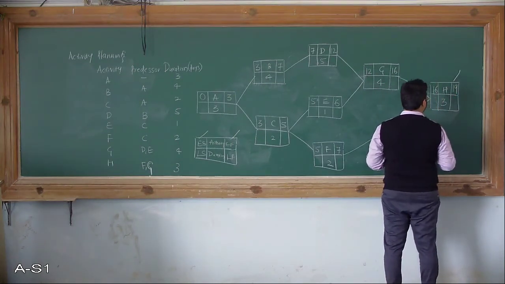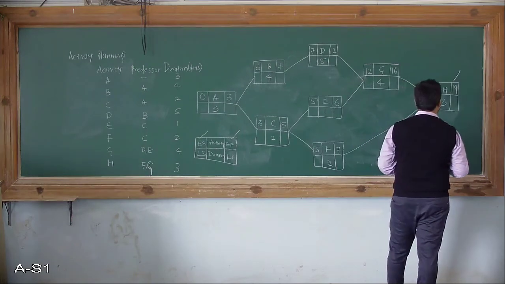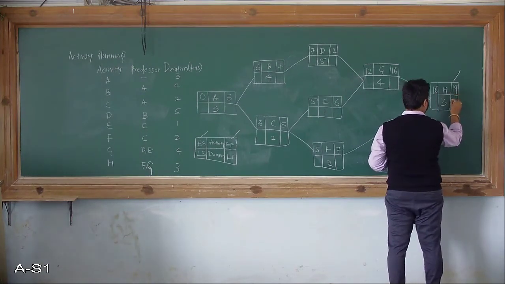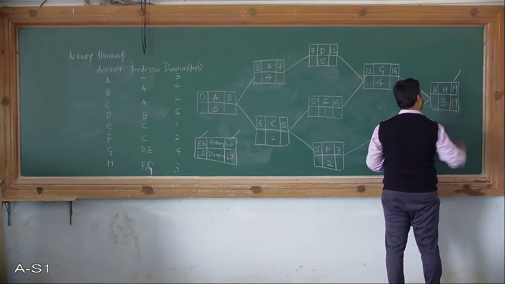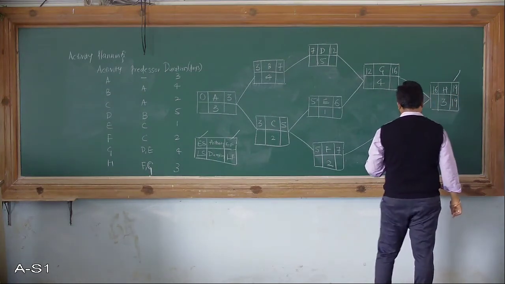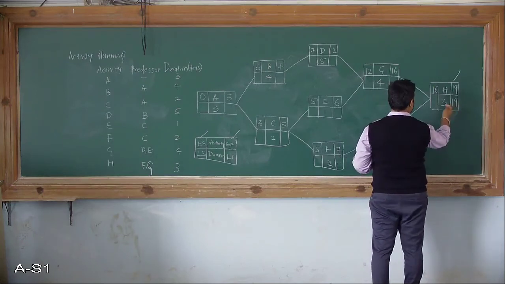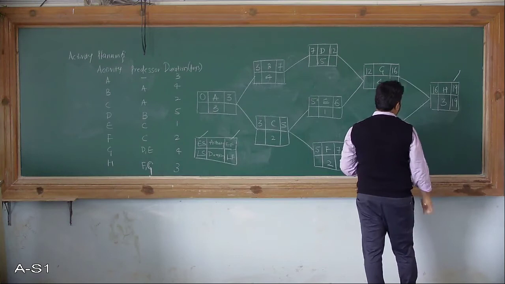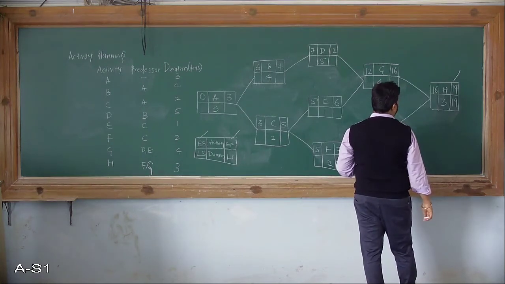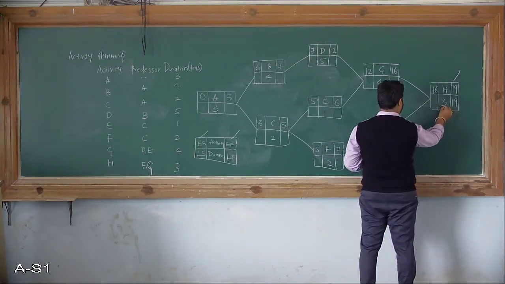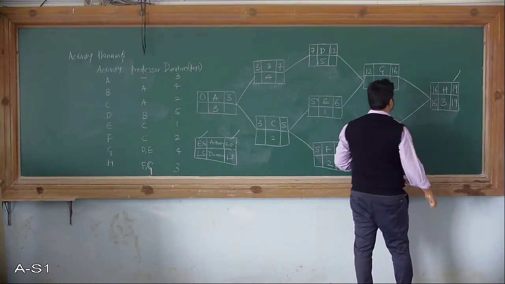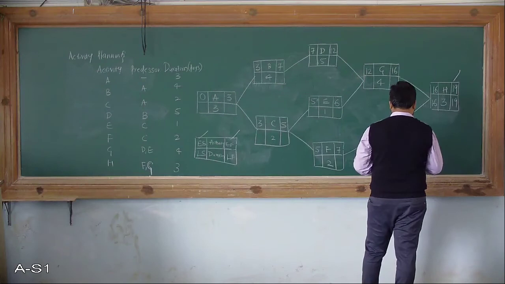Then we'll perform the backward pass for this activity. So the first one is this 19 comes here because this is the final value. This 19 minus the duration allocated to that activity, that is 19 minus 3, is 16.